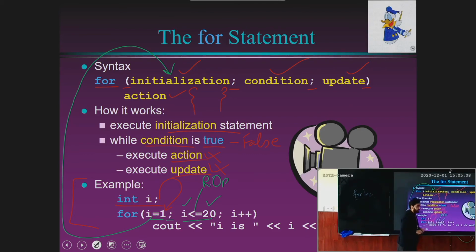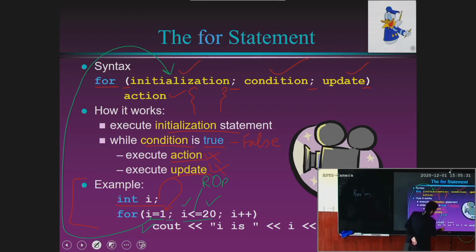When I becomes 21, the condition becomes false. In that iteration, the for loop condition is false, and the body will not be executed. Remember, this is a single line for statement.